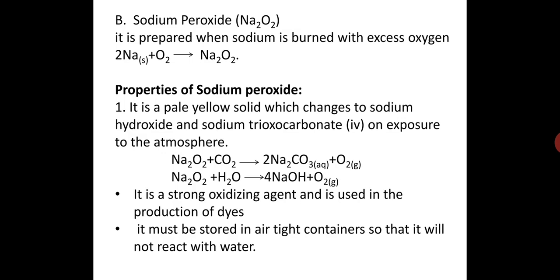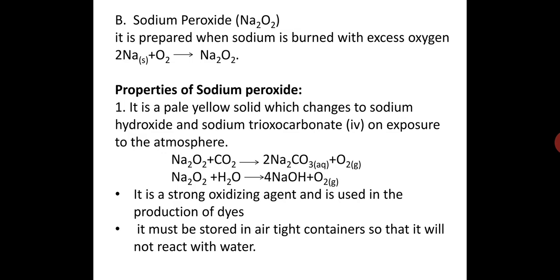So we move over to another compound of sodium called sodium peroxide, with the formula Na2O2. How do we prepare this sodium peroxide in the lab? We can prepare sodium peroxide when sodium is burned with excess oxygen.